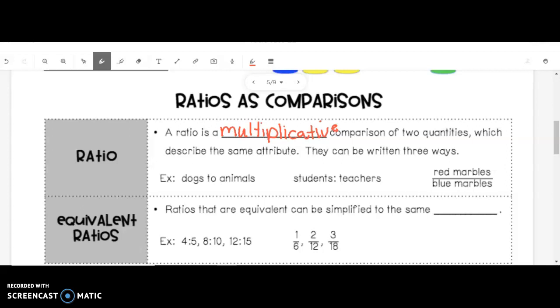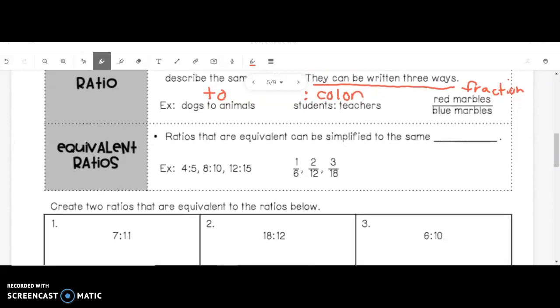Okay, so ratios can be written in 3 ways. We can write it with the word to. We can write it with a colon. And we can write it as a fraction. All right. Equivalent ratios. Ratios that are equivalent can be simplified to the same value, just like equivalent fractions.